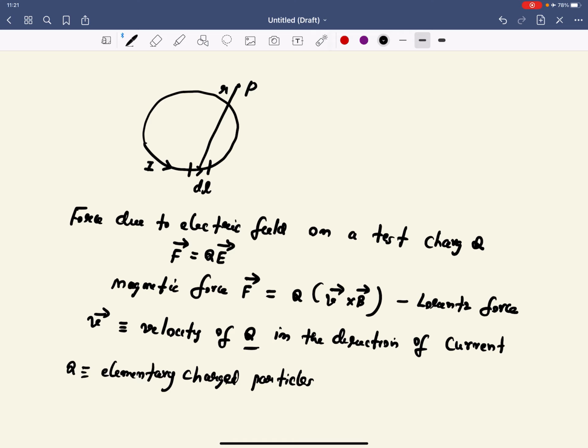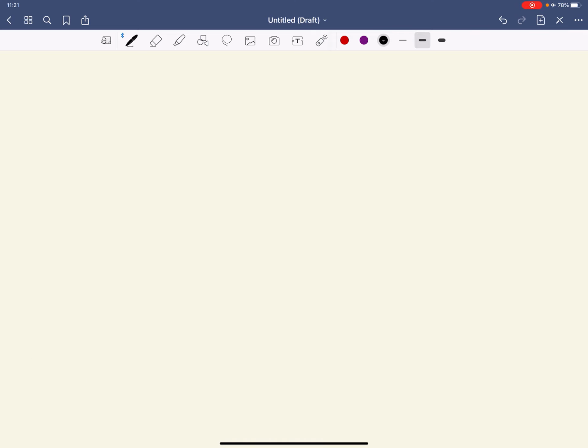Let's take two wires which have currents flowing. In one configuration we have current flowing in one direction, and in the other configuration we have currents flowing in the opposite direction. Experimentally, it is found that if you have currents flowing in the same direction, the force is attractive. So these two wires will attract each other.